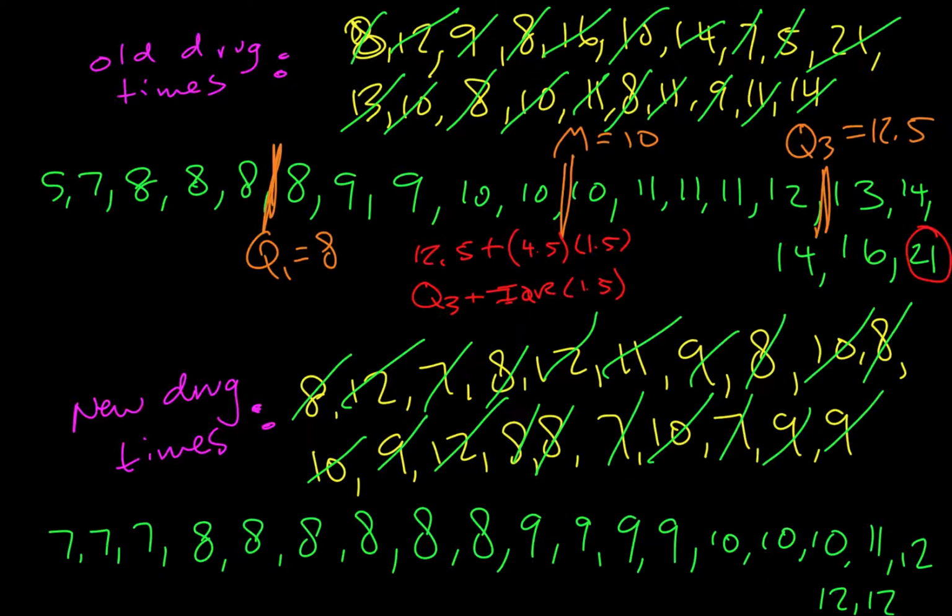Now, your book's not going through this, but I think it's important to go through this process and see whether or not you have outliers. So I'm now going to take this one, 8, minus the 4.5 times 1.5.